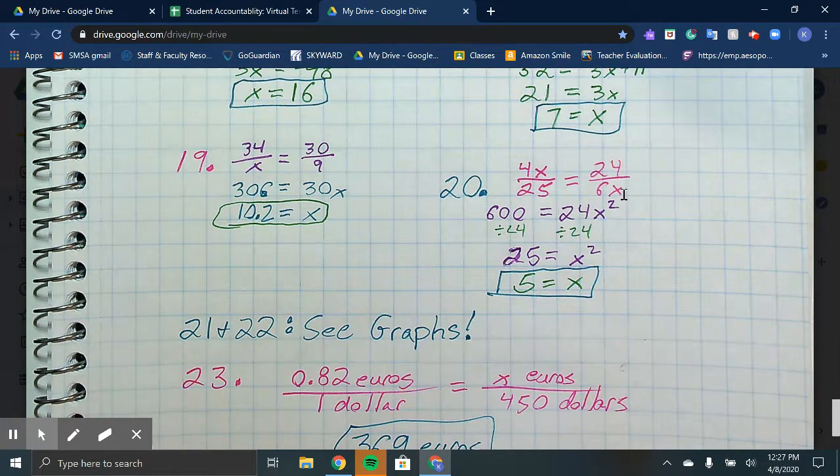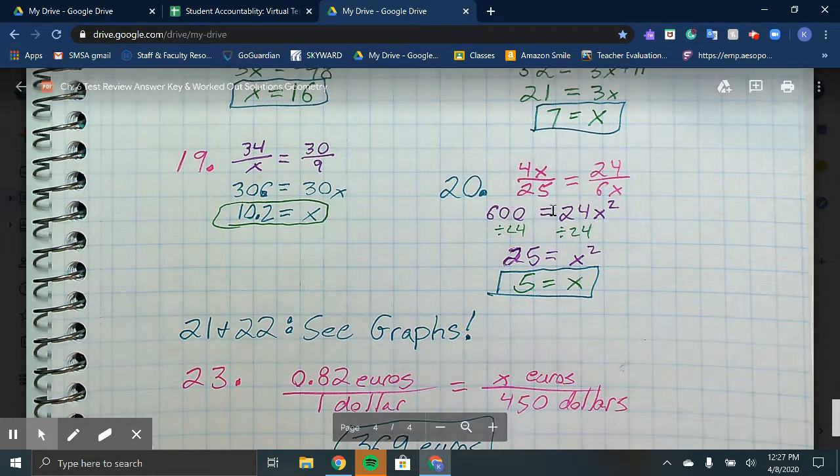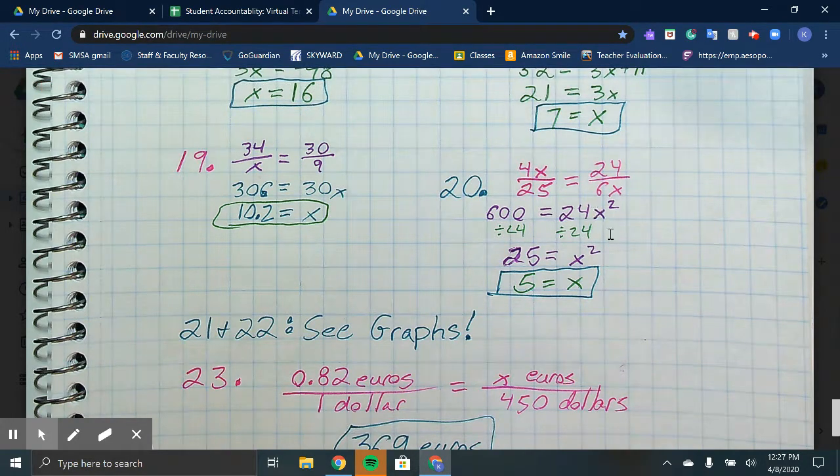So when we cross multiply, 24 times 25 is 600 equals 24x squared. Divide both sides by 24, and 25 equals x squared. So the square root of 25 is 5, so 5 equals x.